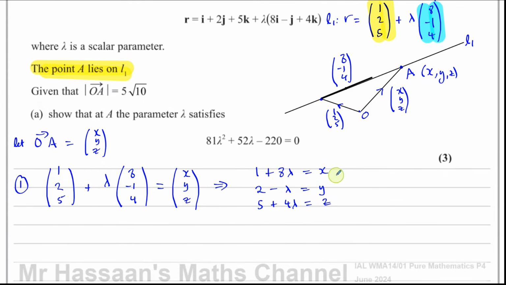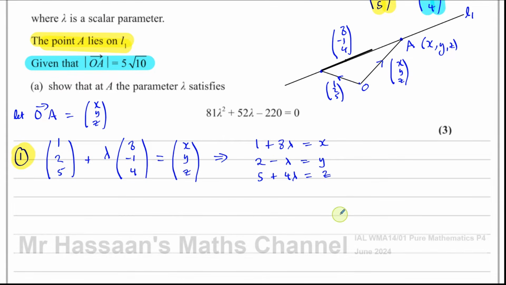Now, the other piece of information they gave us was that the magnitude of O to A is 5 root 10. So how's that going to help us?